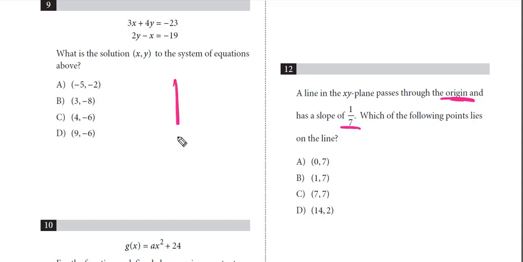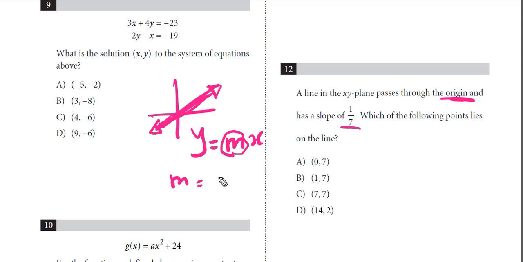If the line passes through the origin, this means the y-intercept is equal to 0. Then the equation will be y is equal to mx. This means the slope equals y divided by x. Then if you divide y over x and get this slope, then this is the correct one.